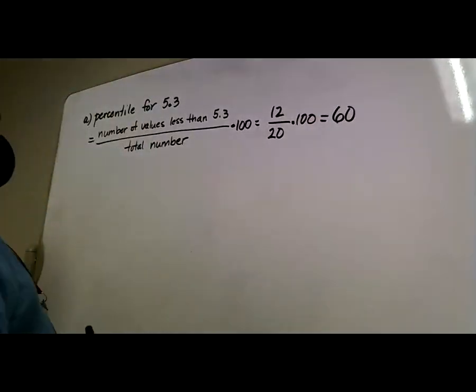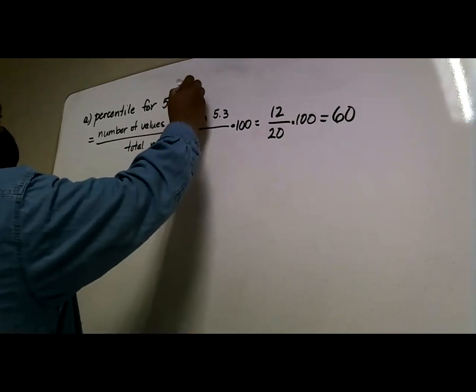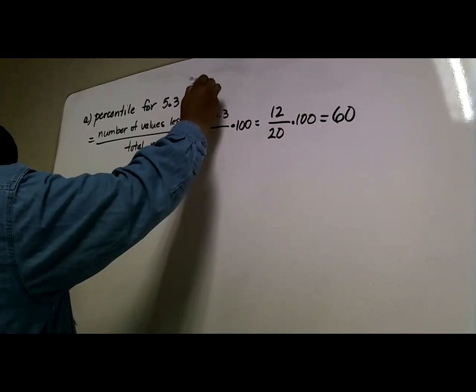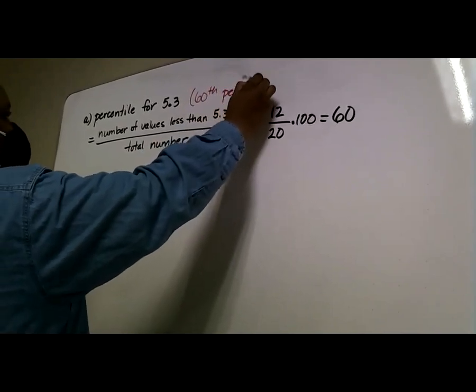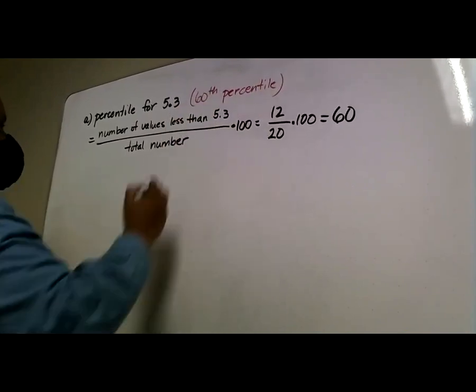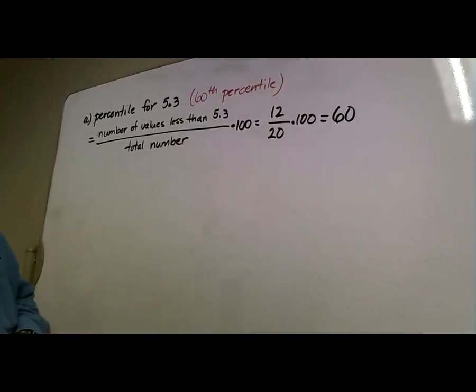Okay. So this data value, 5.3, is in the 60th percentile. The 60th percentile.